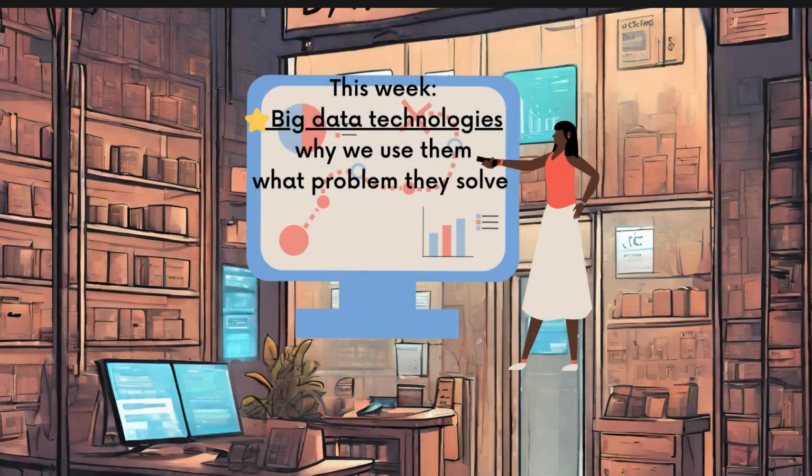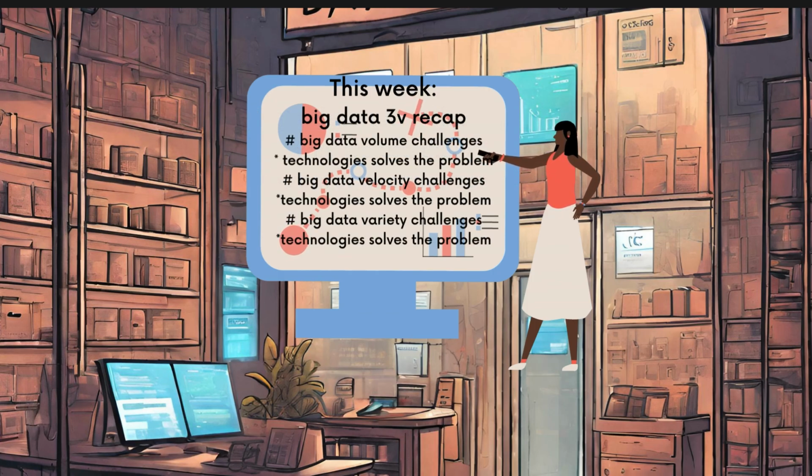In this week's video, we are diving into the world of big data technologies and understanding why they are essential. We'll start with a quick recap of the 3 V's of big data fundamentals from last week: volume, variety, and velocity, and discuss the challenges each presents.